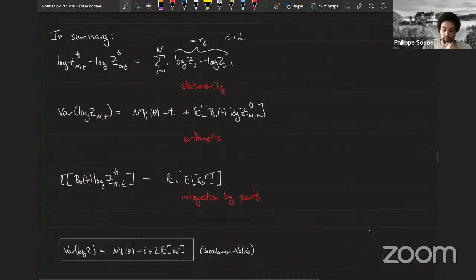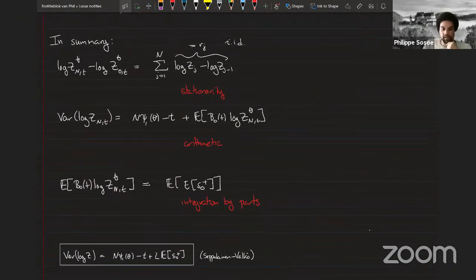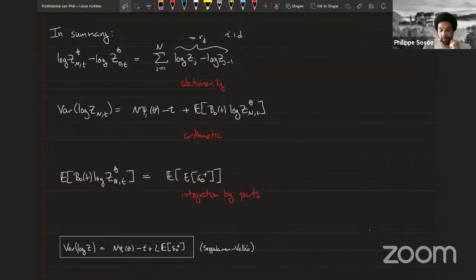So let's summarize everything we did. That's the steps we took, and let's write down finally this formula of Seppäläinen and Valkó, this exact formula for the variance. So in summary, we said O'Connell and Yor tell us that log of z at n, t minus log of z at 0, t we can write as a sum of IID random variables, and that moreover we have stationarity in t. If we change the time, we're still IID with this given distribution.